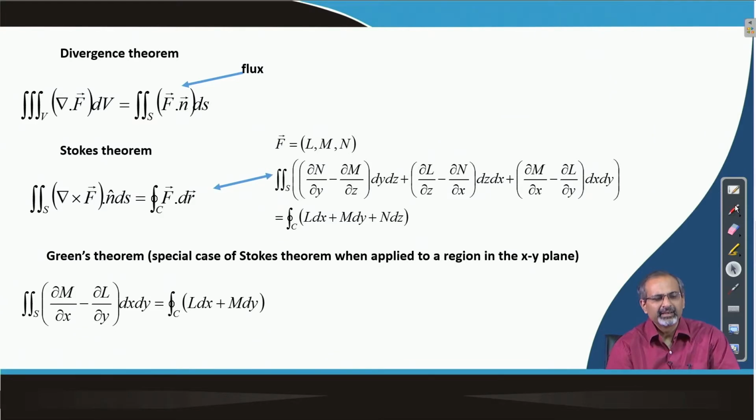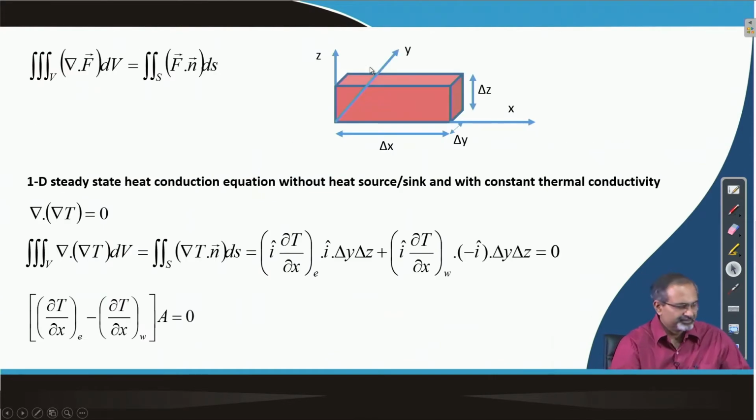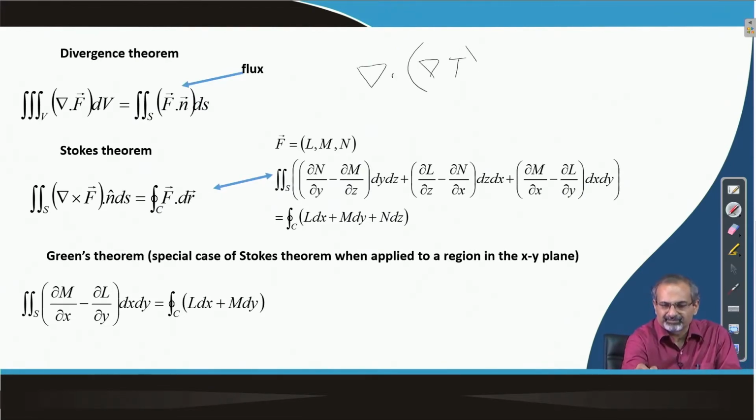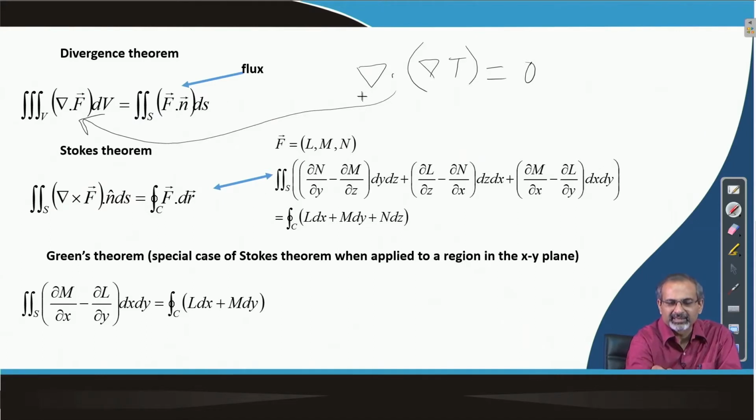So, here if we are solving this problem, then we have a clear convenience in expressing it in the divergence form. So, it will be like divergence of grad T dV integrated over a control volume.